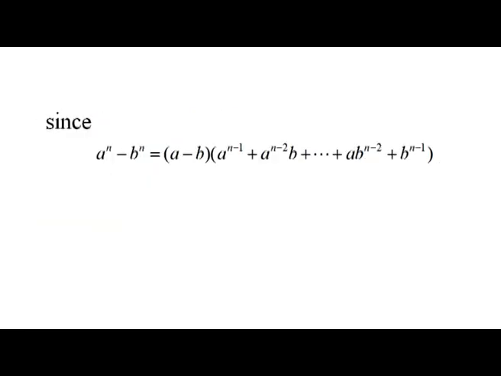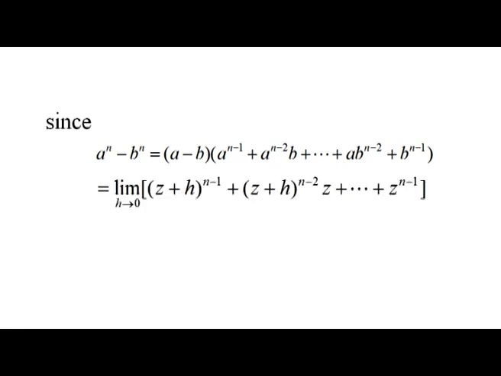Since we have the formula aⁿ - bⁿ = (a - b)(a^(n-1) + a^(n-2) b + etc. + b^(n-1)), using that formula, this is equal to the limit as h tends to 0 of (z + h)^(n-1) + (z + h)^(n-2) z + etc. The last term is z^(n-1).